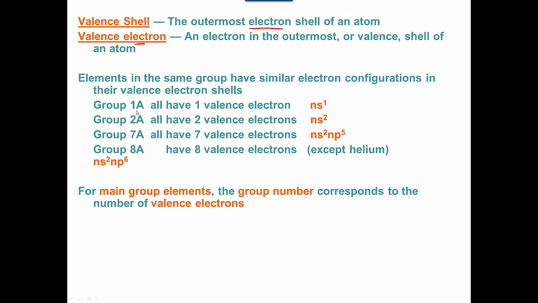Therefore, they tend to behave similarly. The same for all the elements in group 2A. Again, their valence shell configurations are the same, so they tend to behave similarly. For main group elements, the group number corresponds to the number of valence electrons. I hope this helps. Make sure that you can write these electron configurations and the orbital diagrams for the exam.